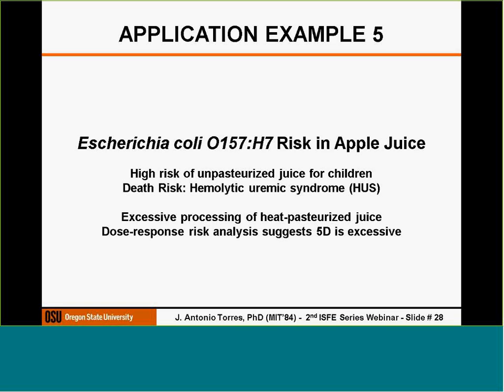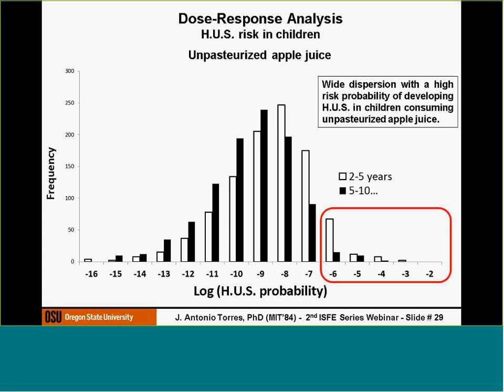So here, doing the same probabilistic engineering approach, the probability of having HUS. So I have here the risk for HUS. We get two groups of children, 2 to 5, the white column, and then the black column.